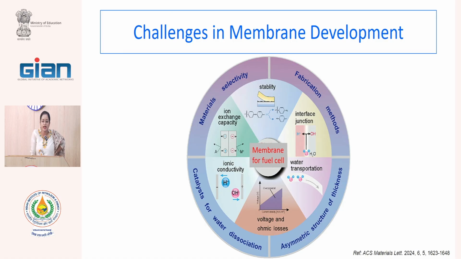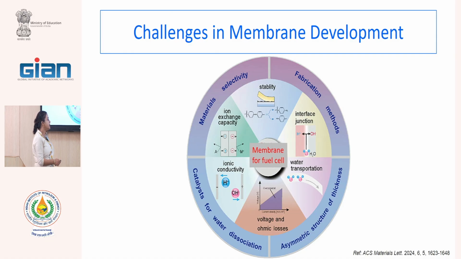So the strategies that we are employing for making this kind of composite material are that we are improving the stability, we are improving the interfacial junction distance, we are improving the water transport. These are the main goals of making composites or choosing composites for researchers all over the world. They are also increasing the ion exchange capacities and catalyst water dissociation.